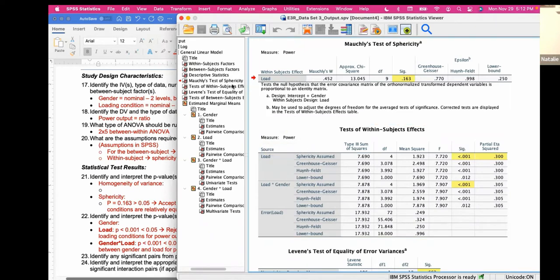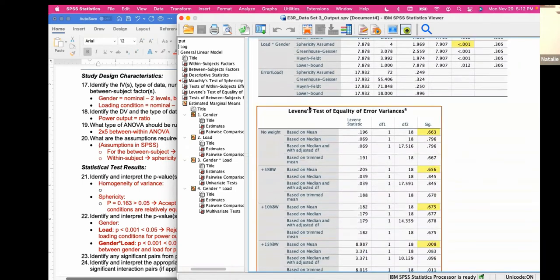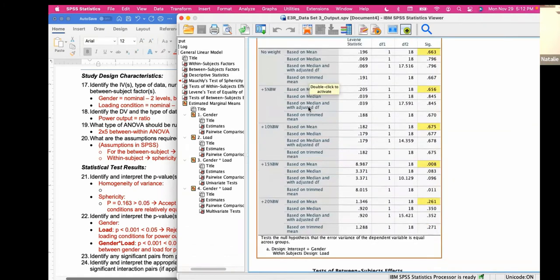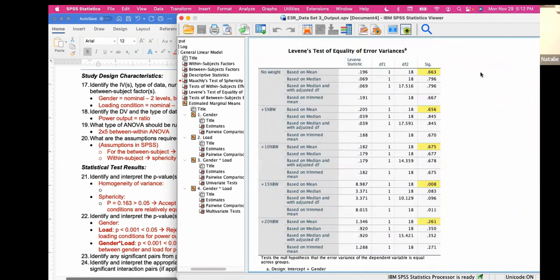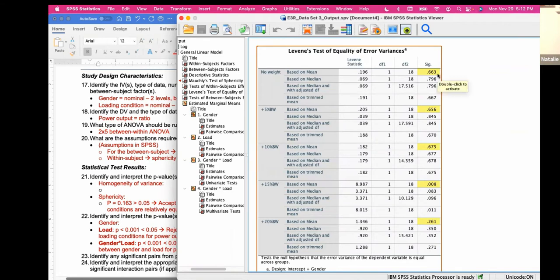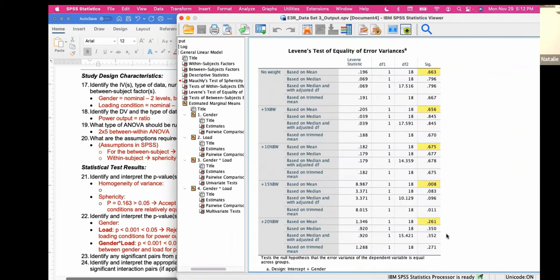We were in the tests of within subjects effects table. Now we can scroll down to Levene's test for our homogeneity of variance. And remember, in a mixed ANOVA, you're going to end up with a p-value for each of the levels of the within subject independent variable.